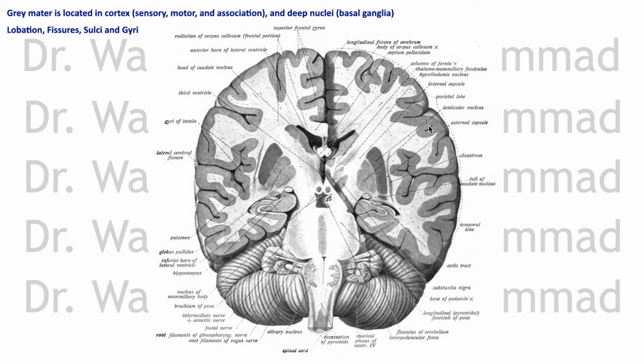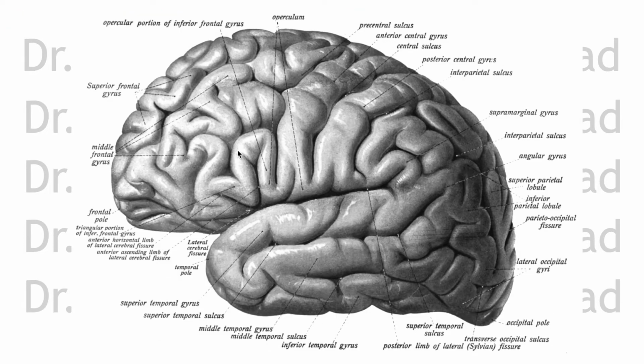Okay, let's proceed. This is the superolateral surface of the left cerebral hemisphere. Now, don't be surprised, but you might get confused without the cerebellum. Where's the front and where's the back of the hemisphere? Stress makes you get confused sometimes in practical exams. The frontal pole is much larger than the pointed occipital pole.